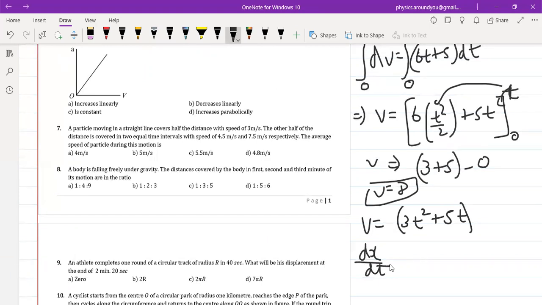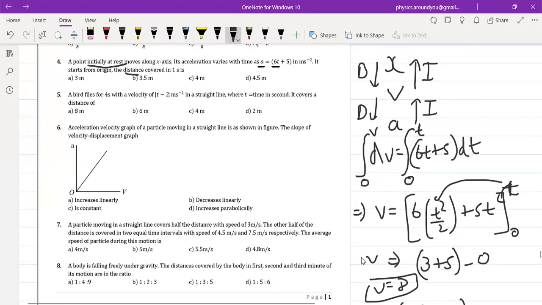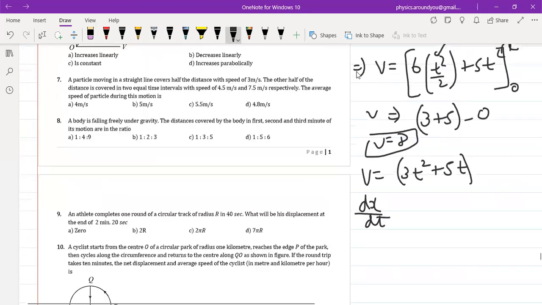Remember, wherever you introduce a serpent, there you need to see the initial conditions. The initial condition is it starts from the origin. So we say v equal to 0, x equal to 0 are the initial conditions. So here on, we take dx by dt is 3t square plus 5t, isn't it?